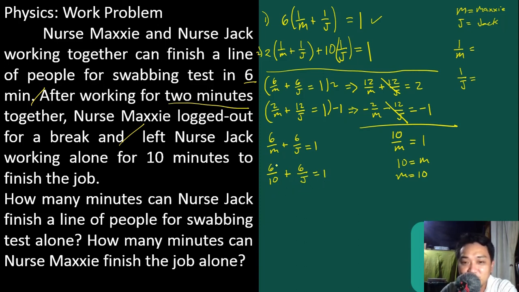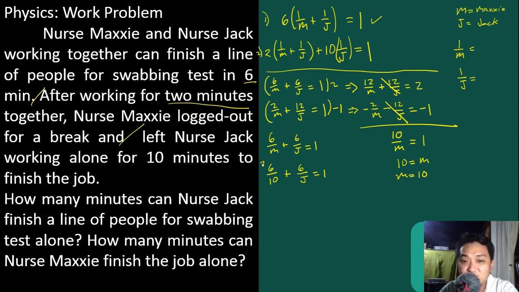Now, what will be the common denominator? Wait, let us first simplify this term. So that term becomes, the LCD of 6 and 10 is 2. So we can divide 6 by 2 and 10 by 2, or we could simply factor 6 and factor 10.